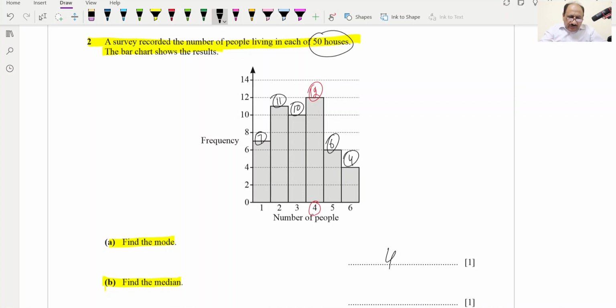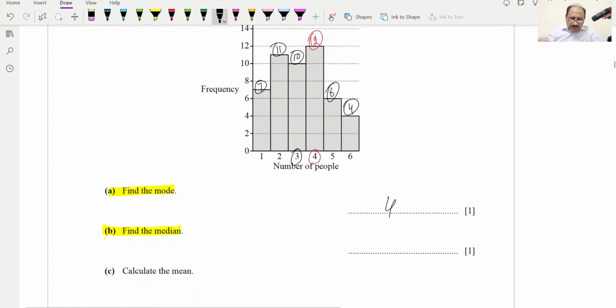Now we can check by adding these numbers where we will get 26. So 7 plus 11 is 18, plus 10 is 28, so it will be 3. The median lies within this one, so our median will be 3.